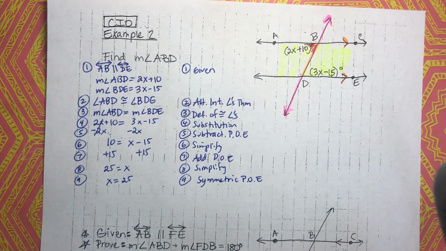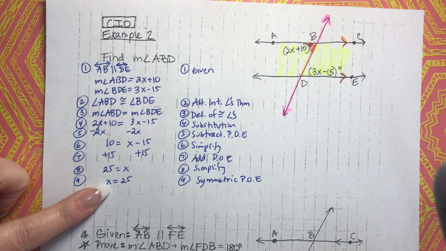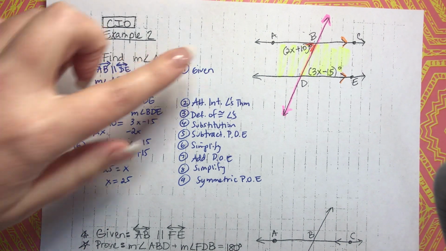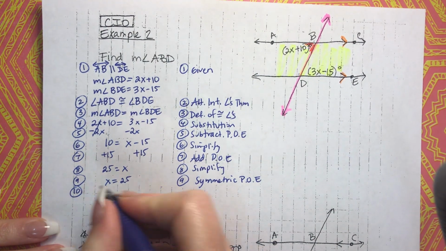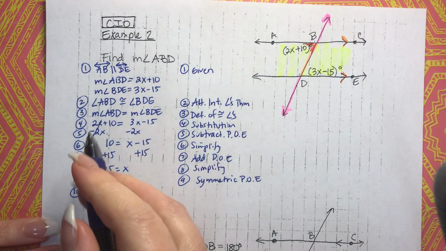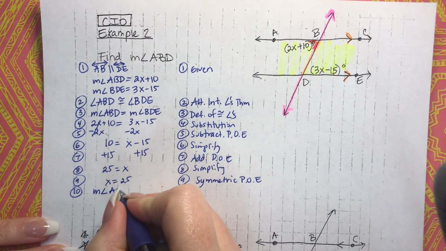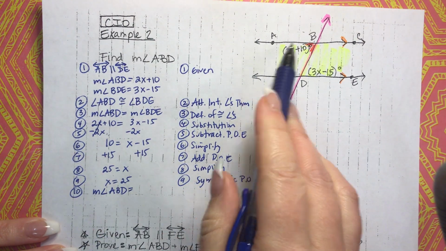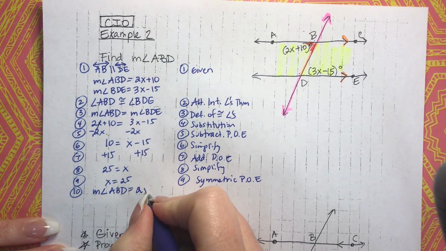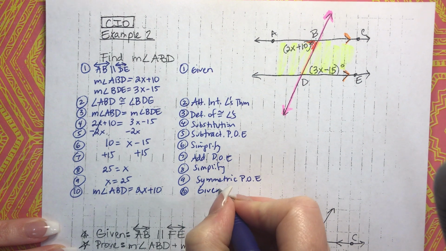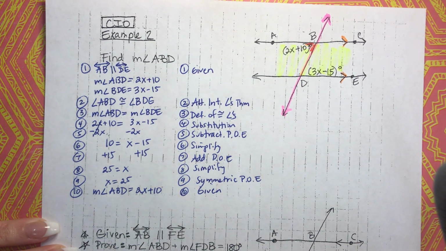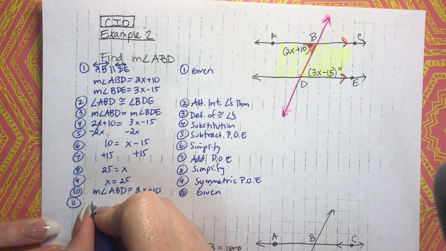All right, cool. So now we know what x equals, but the problem's asking us to figure out what ABD is. To figure that out, I have to write down that given information again. The measure of angle ABD is equal to 2x plus 10. That's given. Then we substitute 25 in for x.